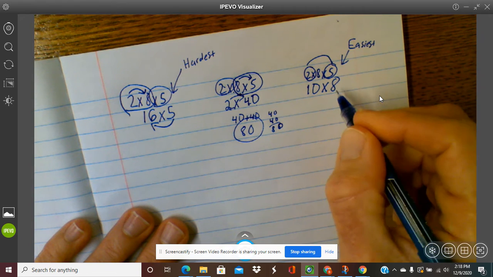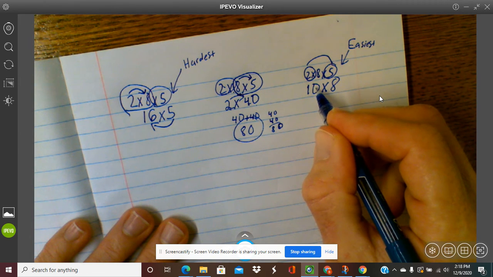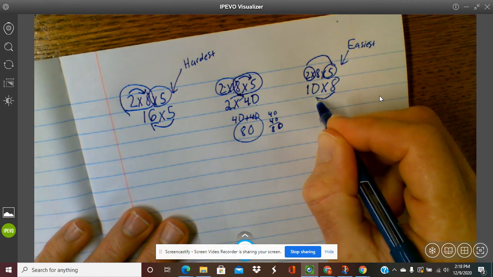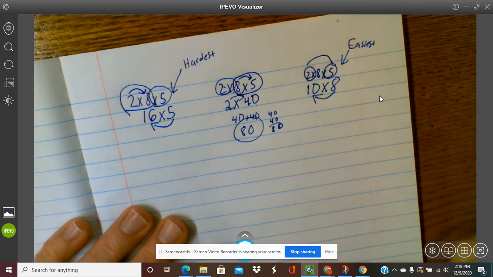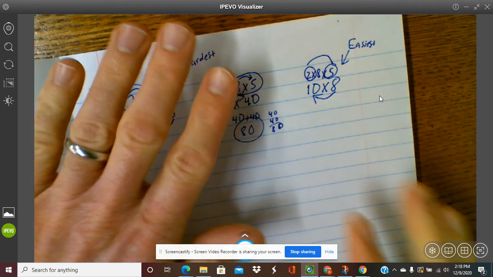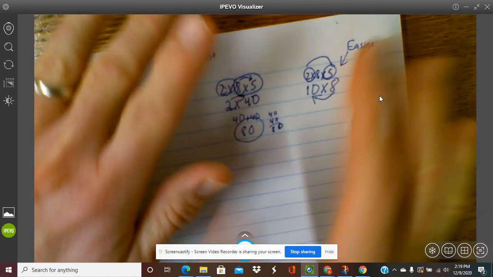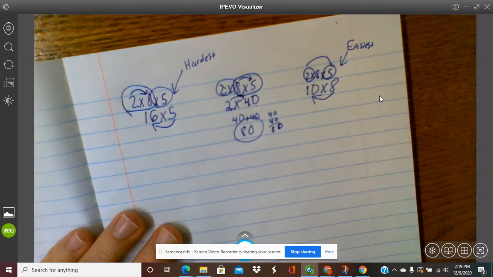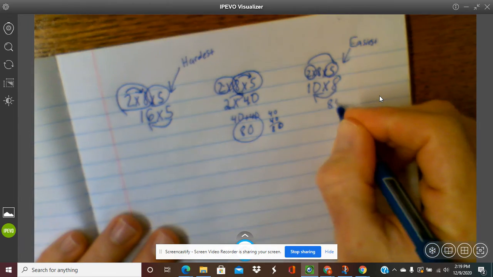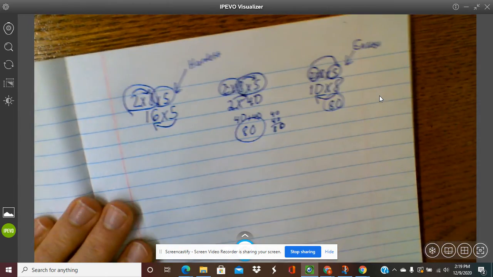Let's look at my other one. 8 tens, I'm going to do 8 tens. I'm going to count tens 8 times: 10, 20, 30, 40, 50, 60, 70, 80. So I get 80 here too. Interesting. I get 80 on both of them.